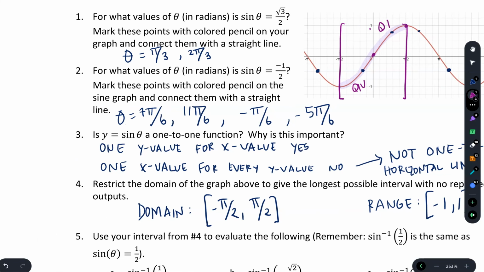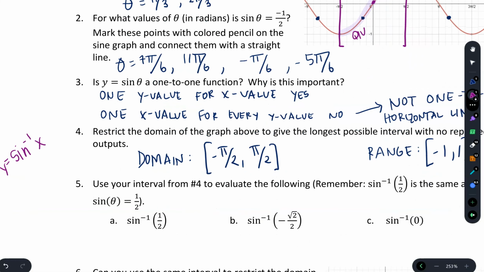So let's write that over here. So our inverse sine here is going to fall in quadrant 1 and quadrant 4.